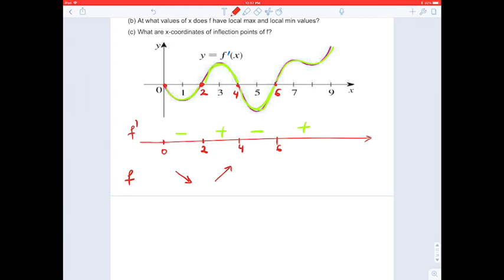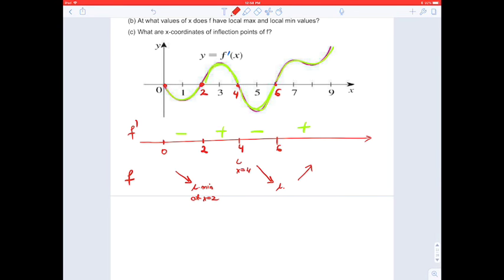Then we know that the function is decreasing, increasing, decreasing, increasing. Local max at x equals 2, local min at x equals 4, local, am I crazy? Local minimum value.